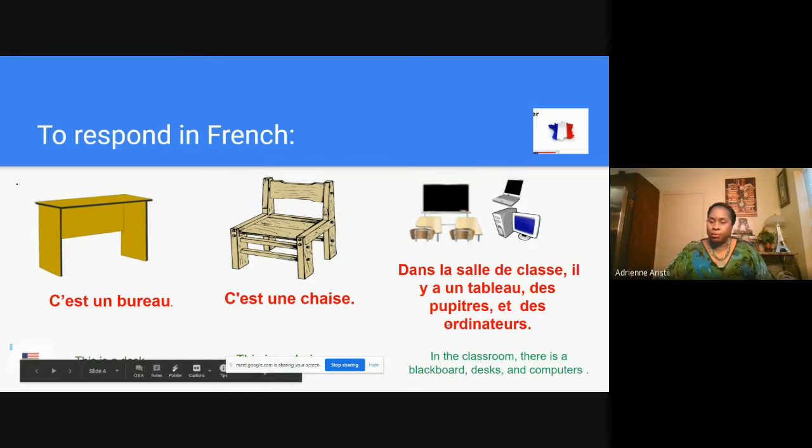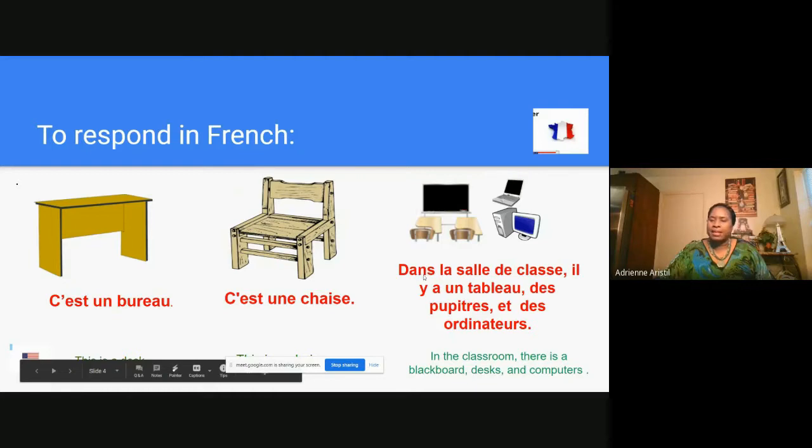Again, for French, that means in English, in the classroom, there is a blackboard, desk, or you can say some desks also, and computers, or some computers.